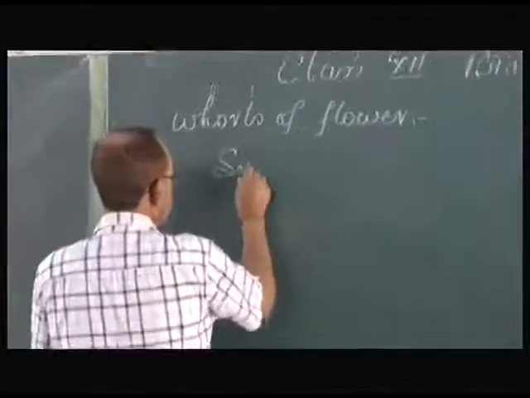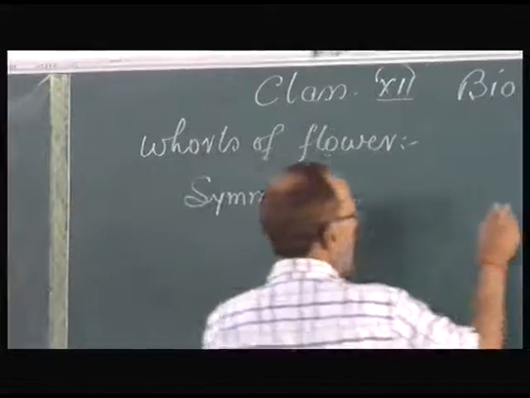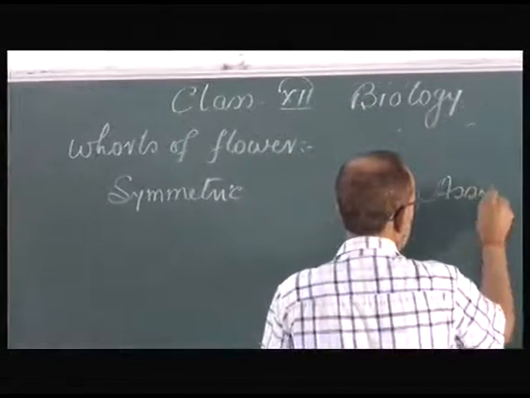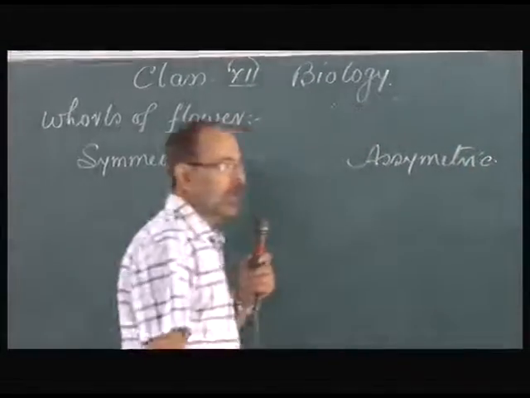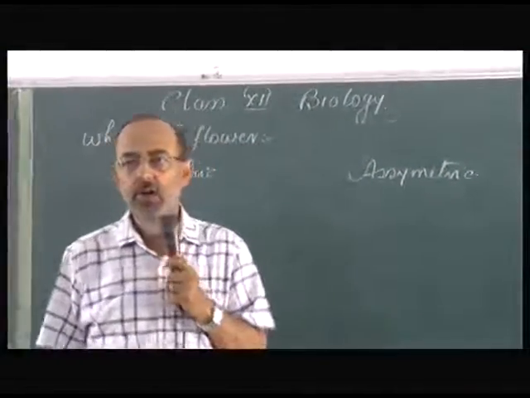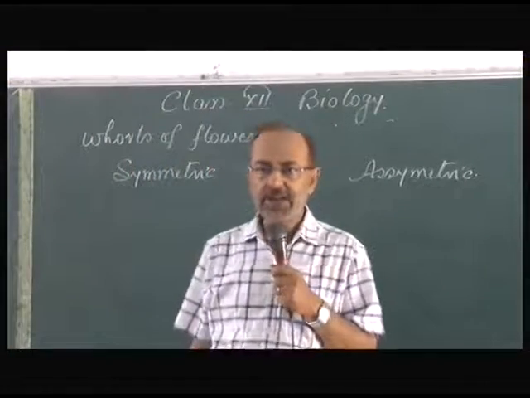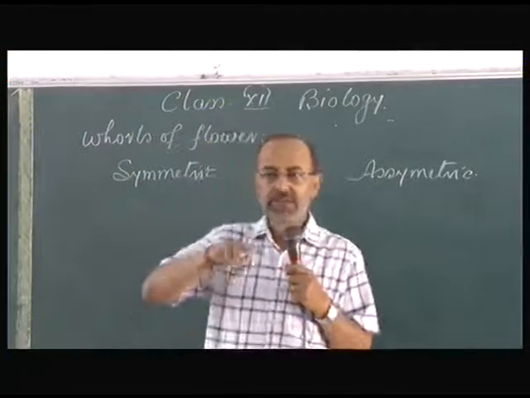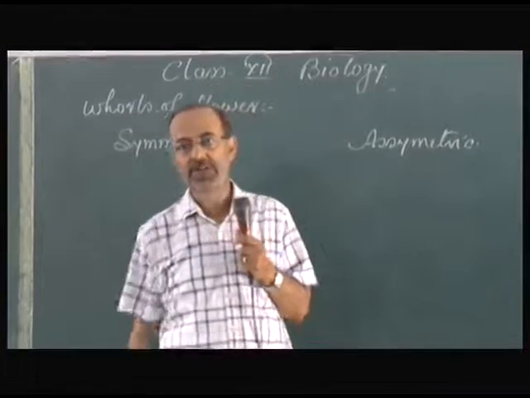Now the flowers may be symmetric or asymmetric. Clear? The flowers may be symmetric or asymmetric. Those flowers are known as symmetric in nature in which the different whorls are arranged in a definite geometrical pattern.